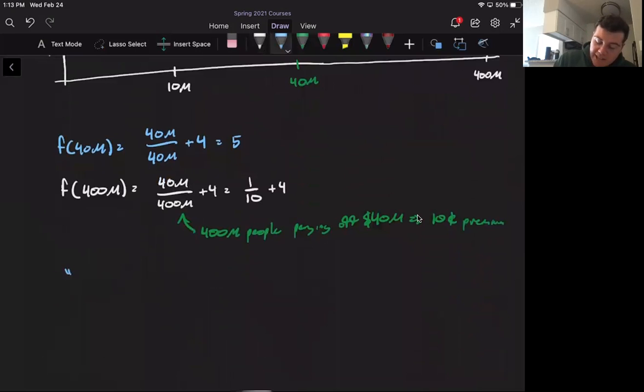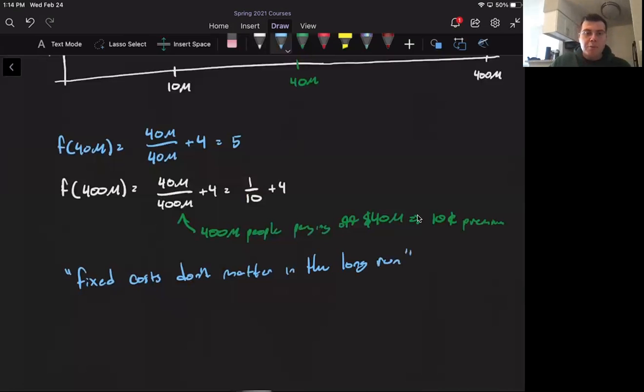And that is why economists have a phrase that fixed costs don't matter in the long run. What it's capturing is that if you can build something that you know you're going to be able to sell a lot of, for instance, Steve Jobs and Apple engineers had to put in a lot of time and energy developing the iPhone.